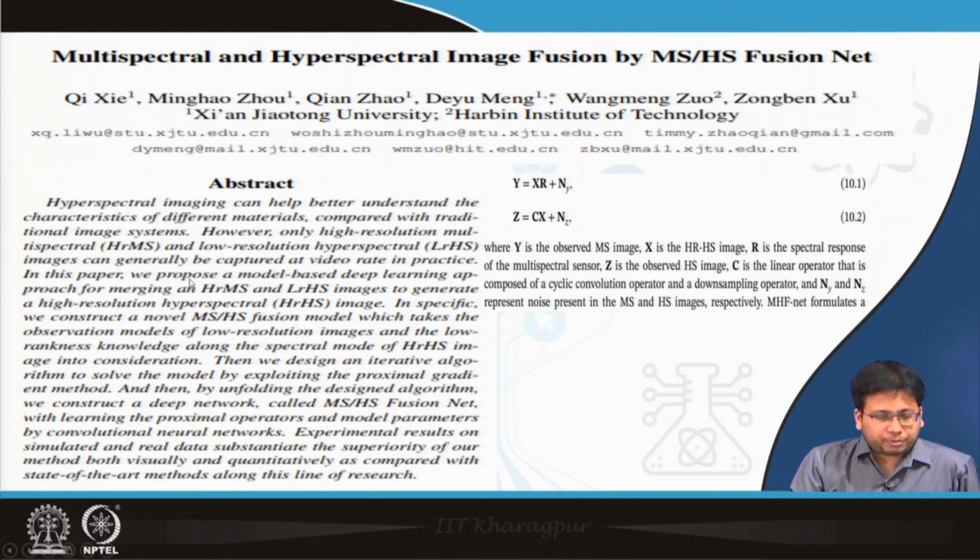In this paper, we propose a model based deep learning approach for merging an HRMS and LRHS images to generate a high resolution hyperspectral image, or HRHS. That is, the aim is to take the best of both worlds, high spatial resolution as well as high spectral resolution.